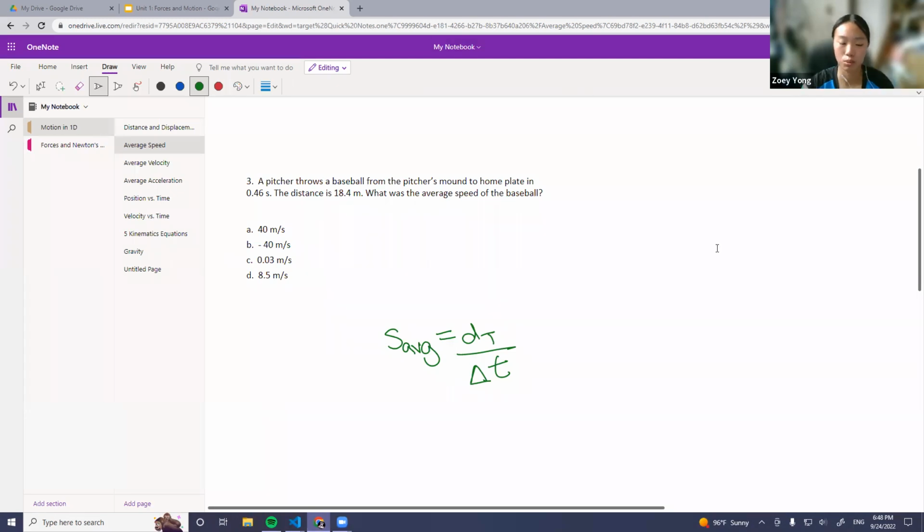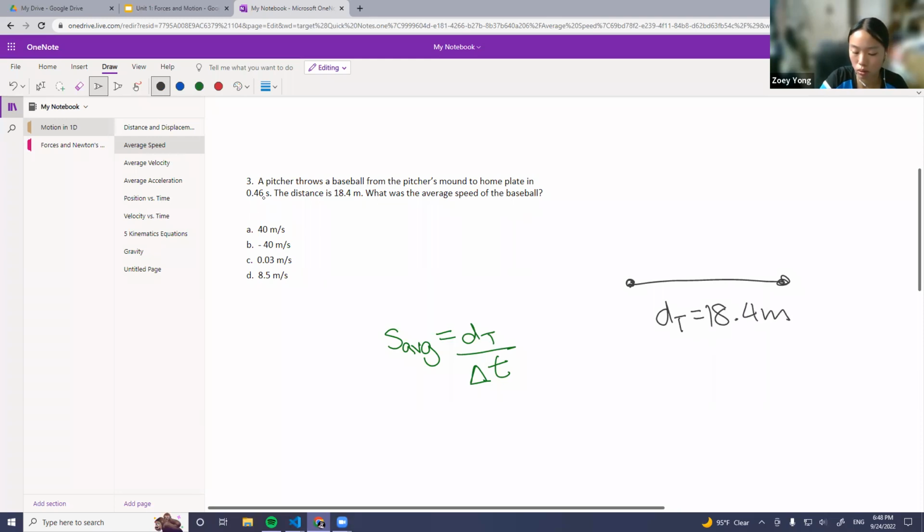Okay, I'm just going to move on because this should be pretty quick. If you figured it out, you probably would have figured it out by now. So how you would approach this problem is you don't need to know what a pitcher's mound or home plate is or any of that. You just know that from one point to another is 18.4 meters.